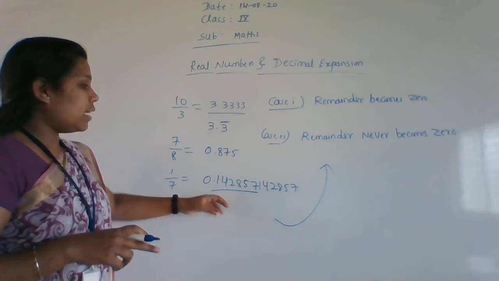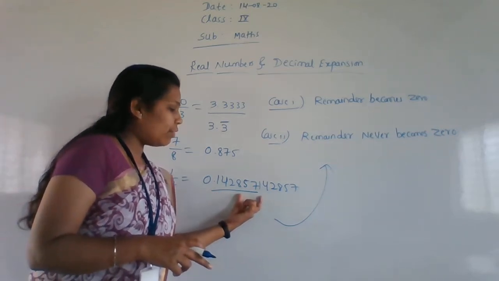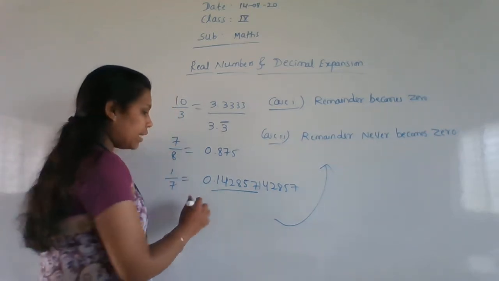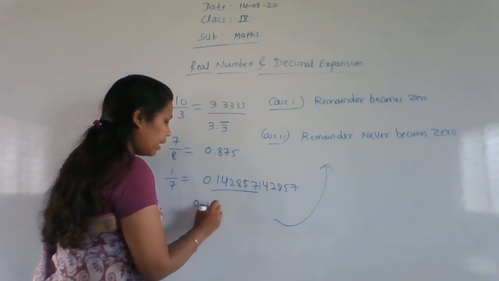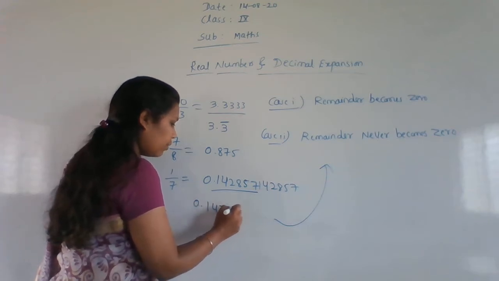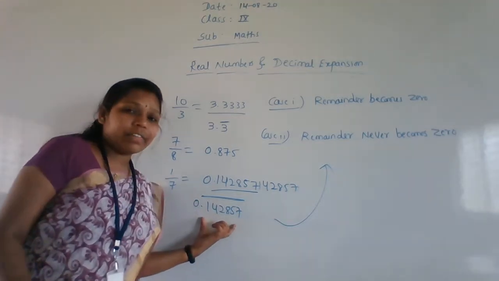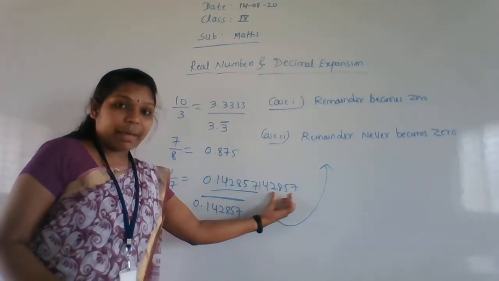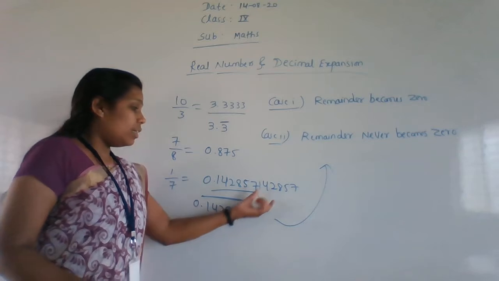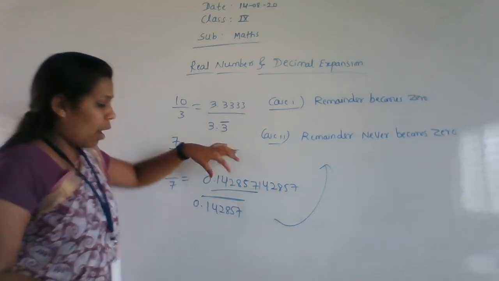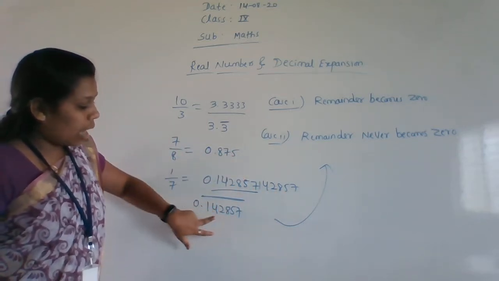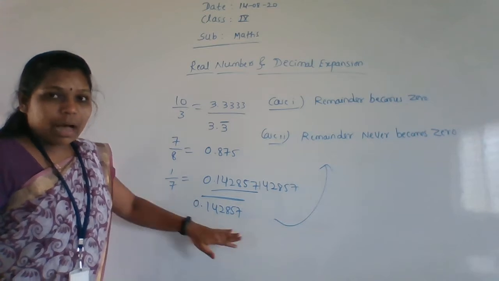Getting everyone? Here this 142857 is repeating. So how to write this number? 0.142857 with the bar mark. So this value is repeating here. Again I am writing here, right? This value is repeating, which means we have to put the bar above these numbers.